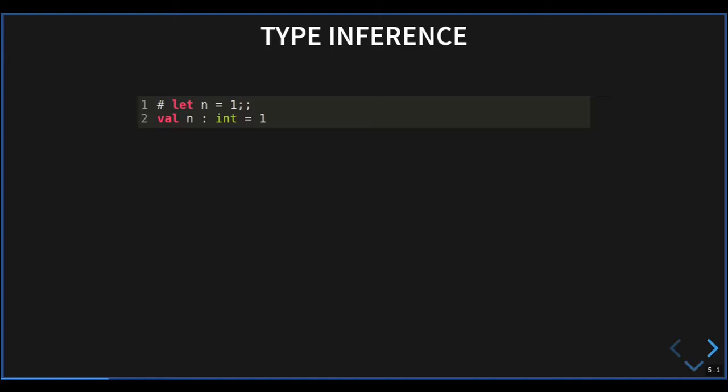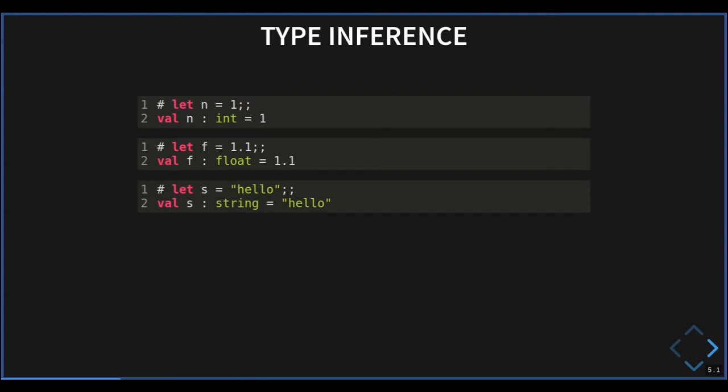And we see that the type was inferred to be integer. And similarly, if you want to assign a floating point value, for example 1.1, to a variable, the type is inferred to be float. And similar for strings, the type is inferred to be a string.